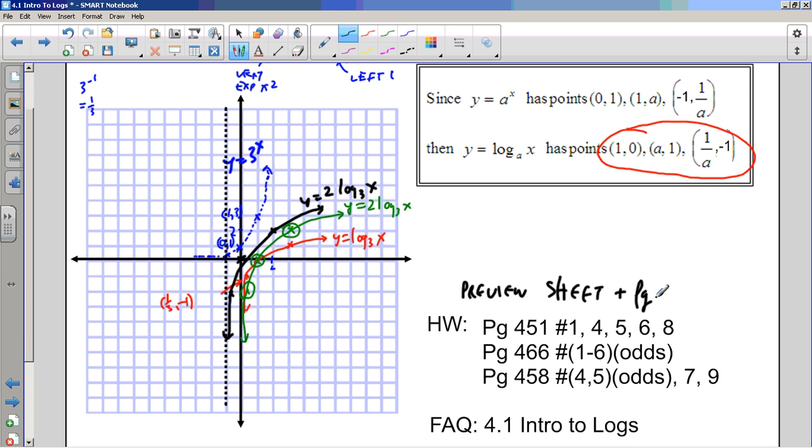It was page 446. So it is quite a bit, but I think it's easy. I think you'll take a shine to the logarithms, and that's it.